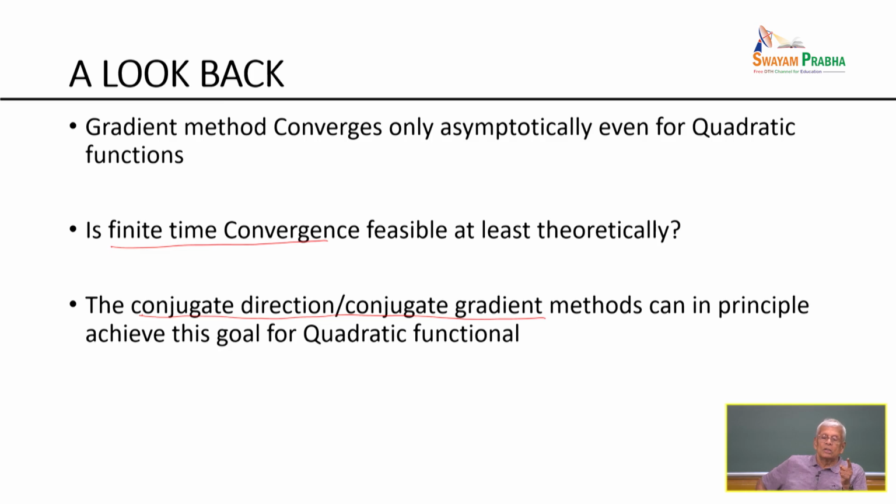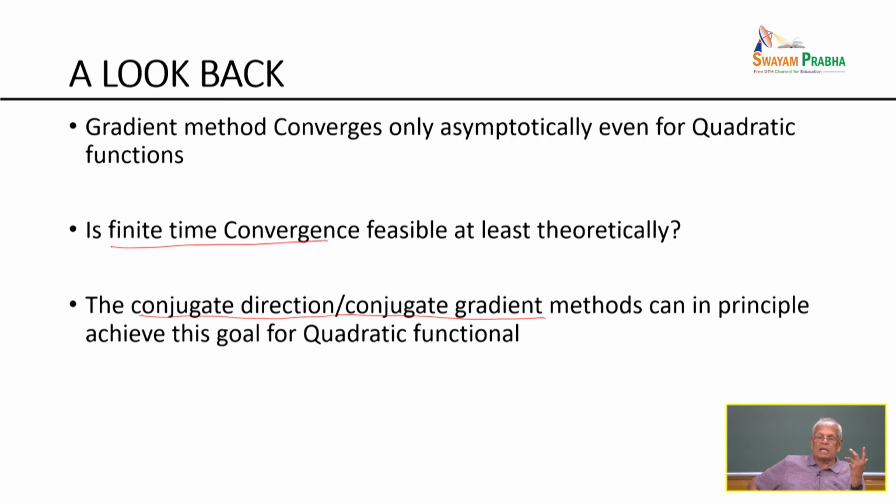Achieve what goal? If you consider minimizing a model problem in an n dimensional space, I can prove theoretically that on an ideal computer, in n steps I should be able to converge to the minimum. Please understand, theory precedes practice. So, theoreticians have a lot of leverage.